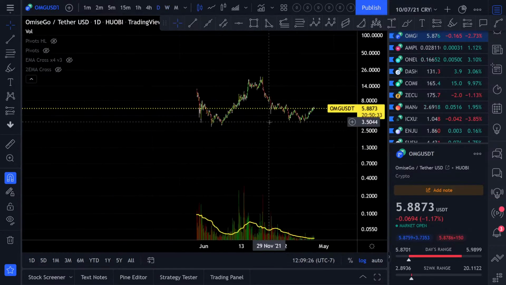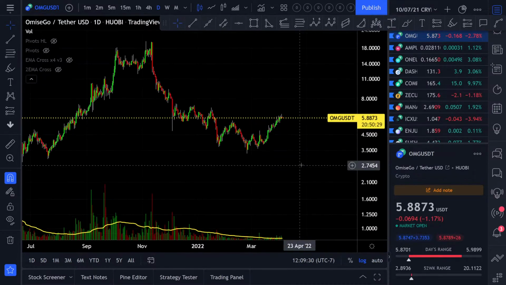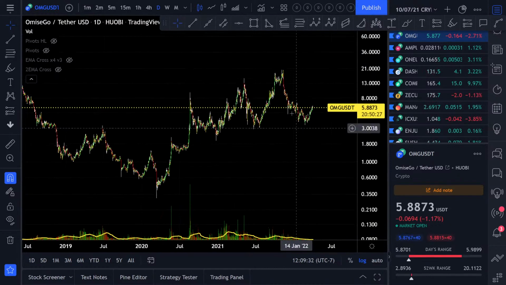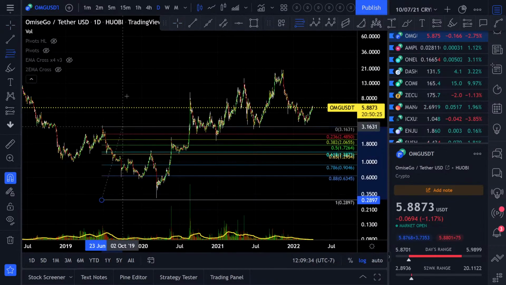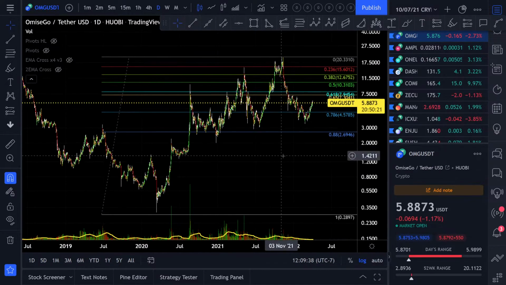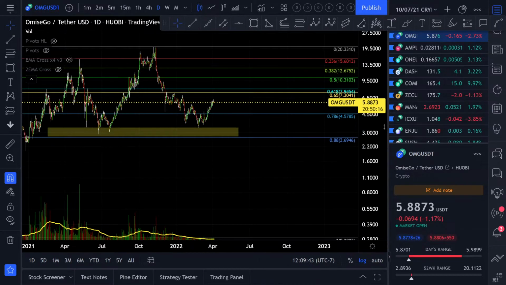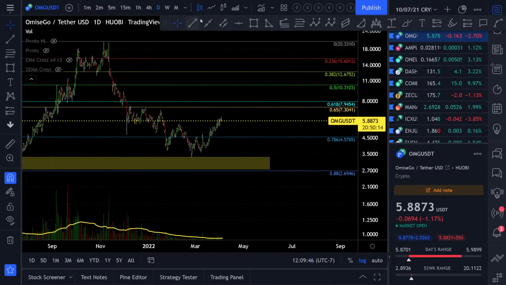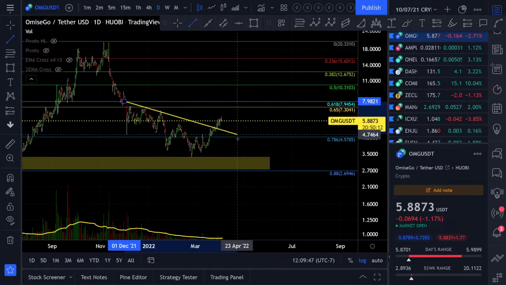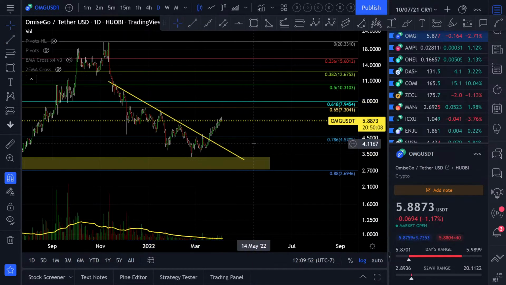But on our daily here, it's very similar analysis. If I just do a quick Fibonacci bottom to top, it was hovering around that 0.786 level. We had support here under, we had the reversal spot. We also had the trend line on the top side, like that, which was broken.